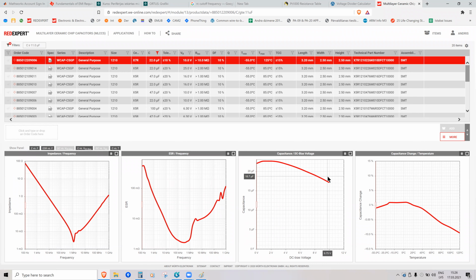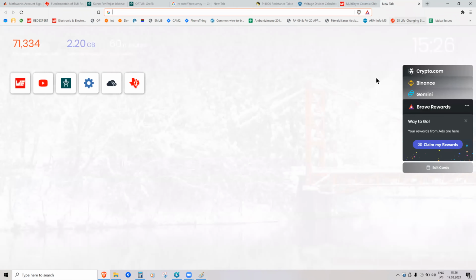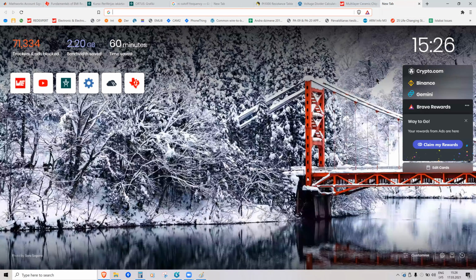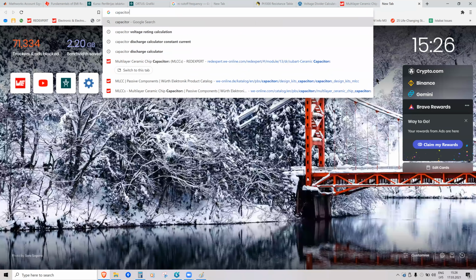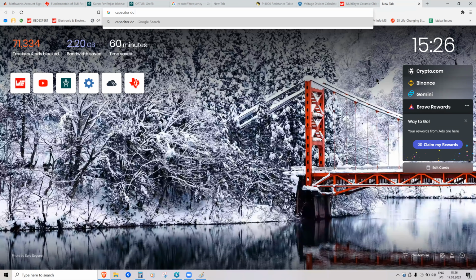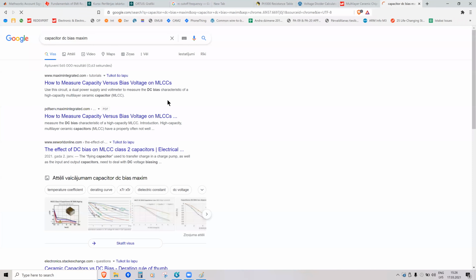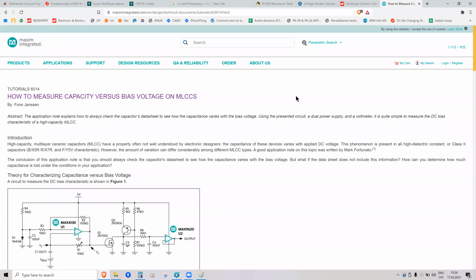It's a little bit of a piezoelectric material, and the capacitance goes down. You can find more information about it on the internet, for example, from Maxim Integrated.